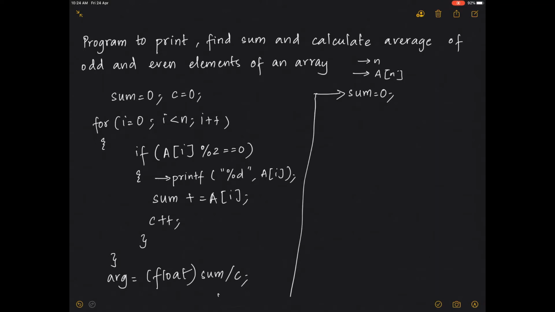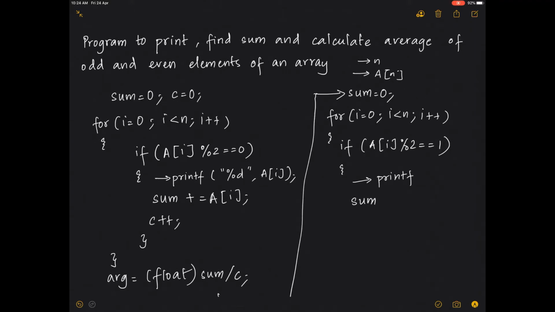Sum is equal to 0, for i equals 0, i less than n, i plus plus, if a of i modulus 2 is equal to 1. Go ahead and write the printf statement for the element and calculate the sum plus equal to a of i, and do not forget to increment your counter. And you can go ahead and print the average.